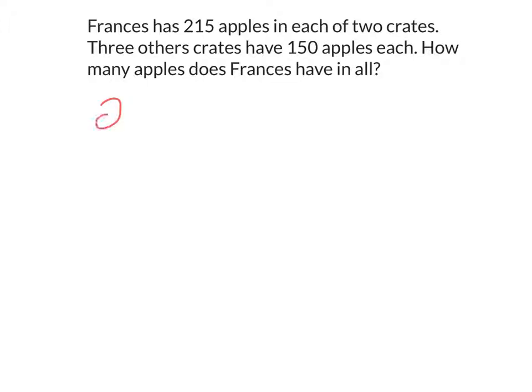So she has 2 times 215 apples plus the other crates, which would be 3 times 150. Now, using our order of operations, we would start with multiplying first, left to right. So we would start right here with 2 times 215.